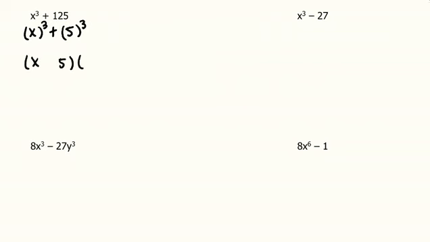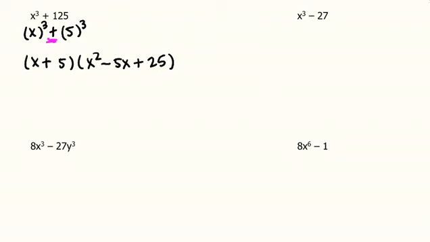It's going to be x squared, x times 5 is 5x, and 5 squared is 25. And then I know it's same, opposite, always positive. So here, it's going to be the same, opposite, and this one's always positive. And there we have factored it.